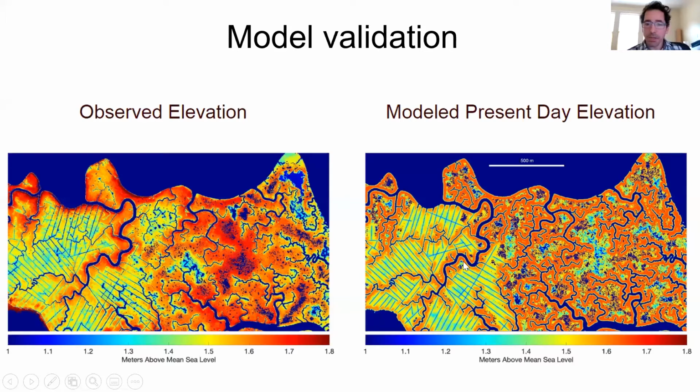You can see that it matches well enough the measured elevation. Now, clearly we cannot predict exactly where the ponds are going to form. It's kind of a stochastic process, but statistically they are very similar. Also, here I emphasize that in this model, we fix the channel geometry.